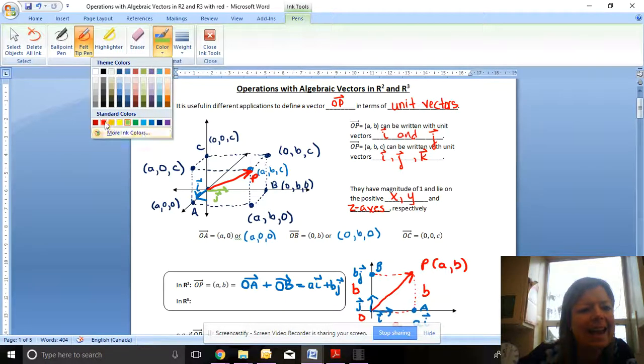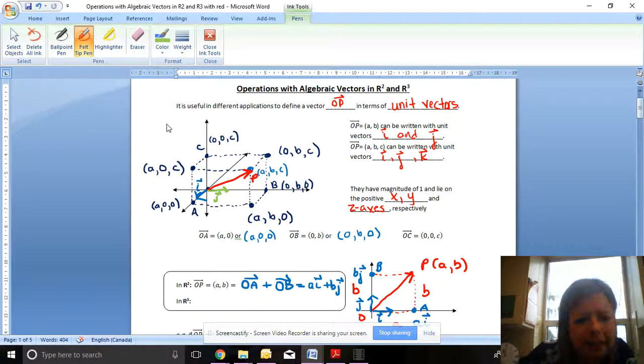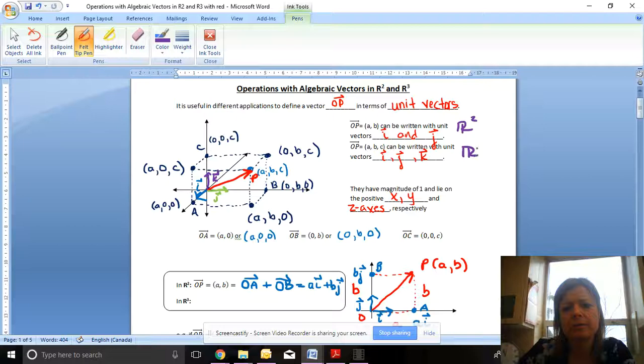And then k is in the z direction and 1 unit long. So this is talking about R2 and this is talking about R3. All of these vectors i, j, and k have magnitude 1 and lie on the positive x, y, and z axes respectively.